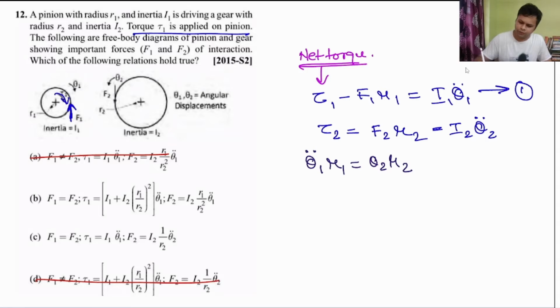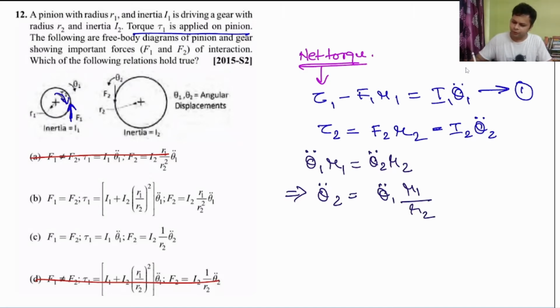R is constant, so theta 1 double dot r1 is equal to theta 2 double dot r2. So from here I'll get theta 2 double dot is equal to theta 1 double dot r1 by r2, right?